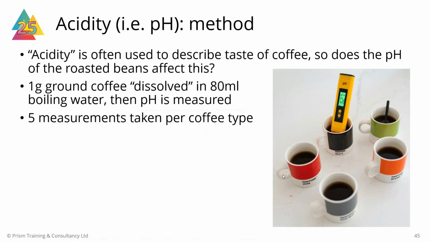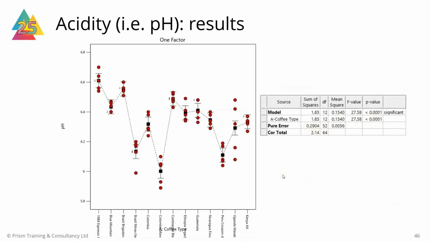And despite the limitations of my dirt cheap equipment, I still saw statistically significant differences in pH as well. So I was genuinely shocked that with such limited equipment and such a limited scientist, I was able to see statistically significant differences in the pH levels of the beans that I was using to make my coffee from.